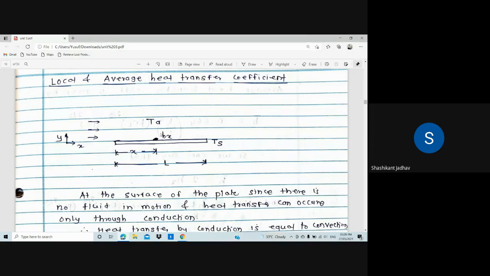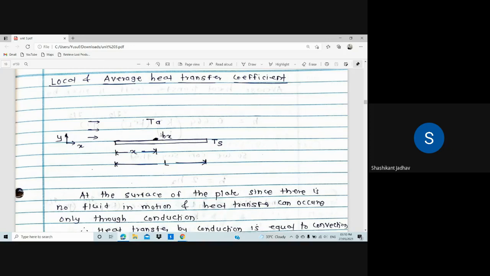So all of you write down that statement. At the surface of the plate, there is no fluid in motion.